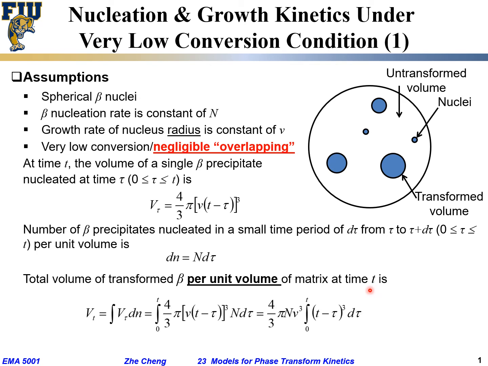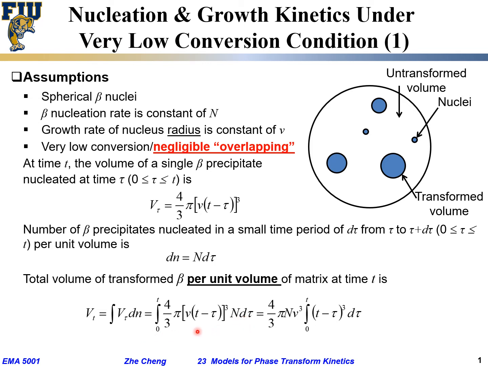The total volume would be an integration of the volume of each of the precipitates times how many of the spherical precipitates are formed. Okay, and then we do this integration with respect to d tau.